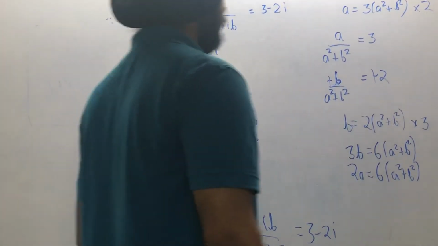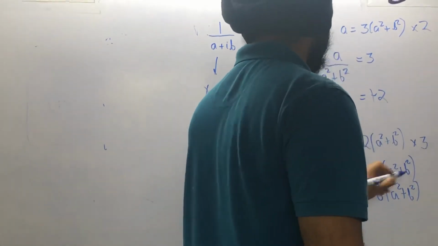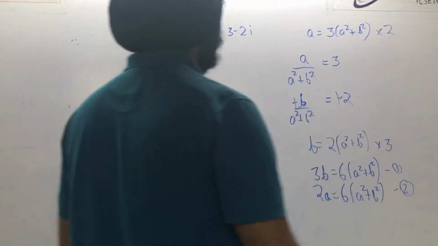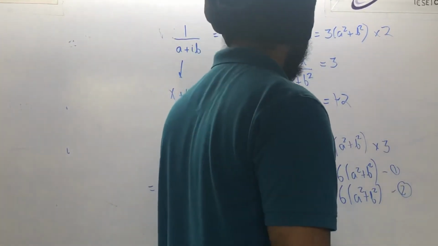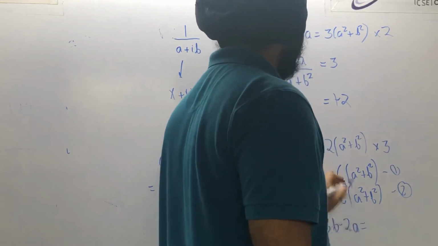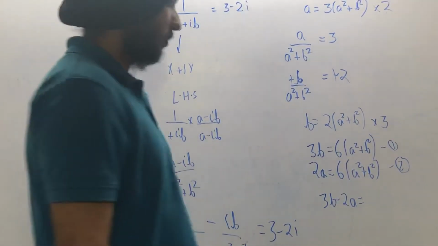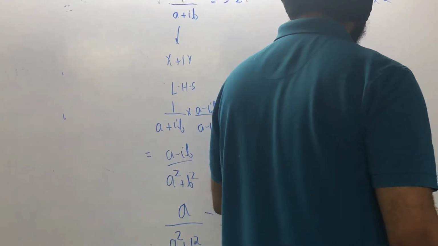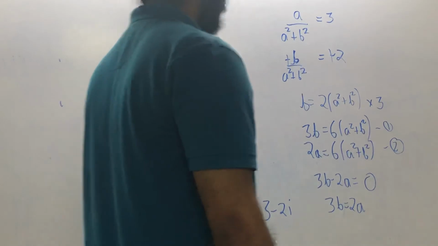This is 1, this is 2. Now you will subtract 1 and 2. So this is 3b minus 2a is equal to what? 6 times a square plus b square minus 6 times a square plus b square is what? 0.